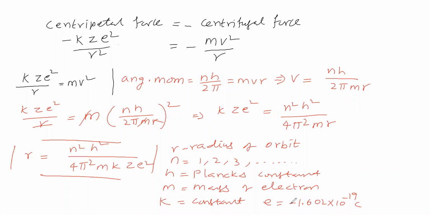We should not substitute the sign here, because this E means the magnitude of charge of electron, and the sign is already mentioned. Remember that this E is the magnitude of charge of electron, which is 1.602 into 10 power minus 19 coulomb.